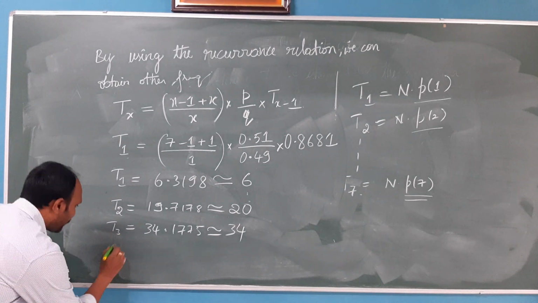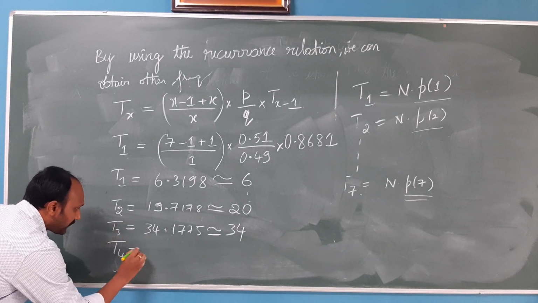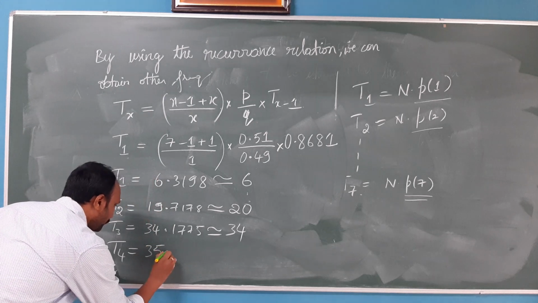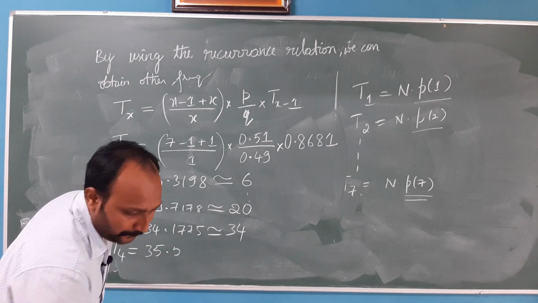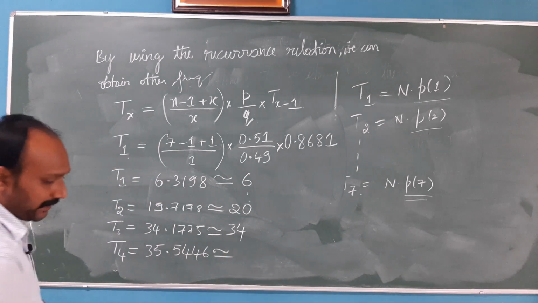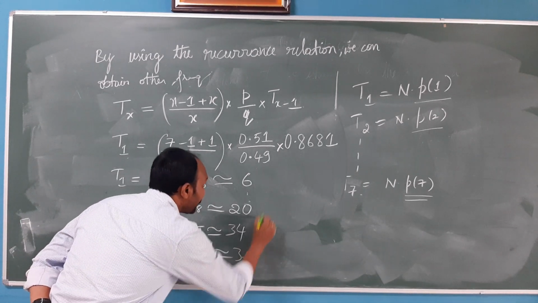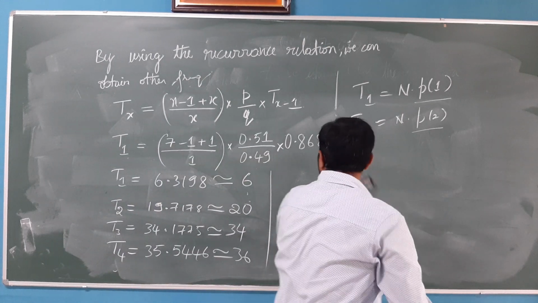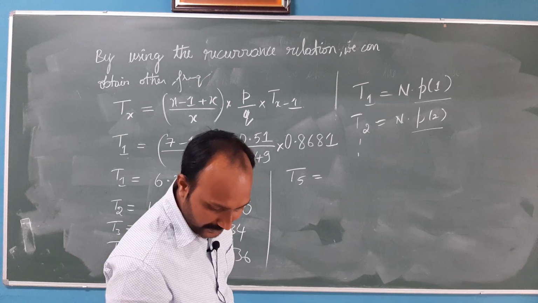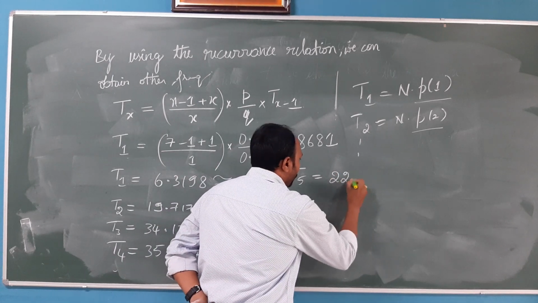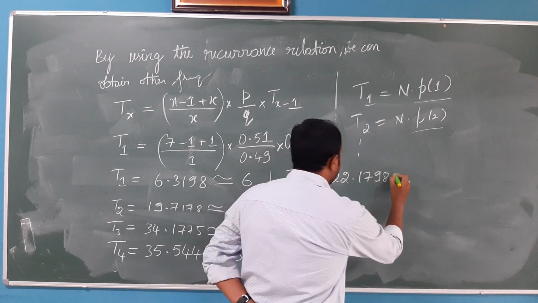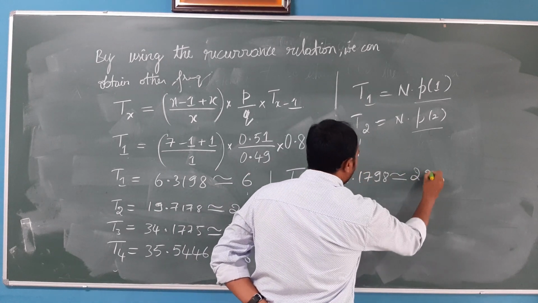Next, T of 4 is 35.5446, which can be approximated to 36. Similarly, T of 5 is 22.1798, which can be approximated to 22.